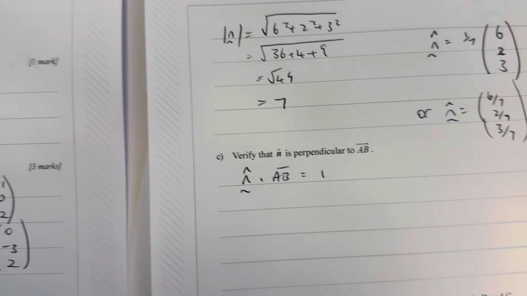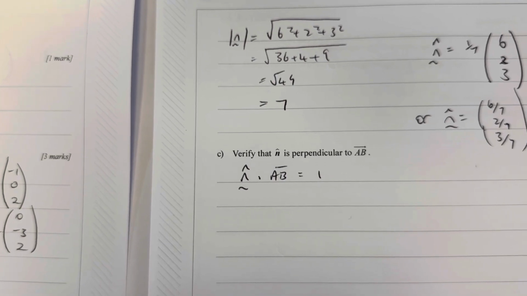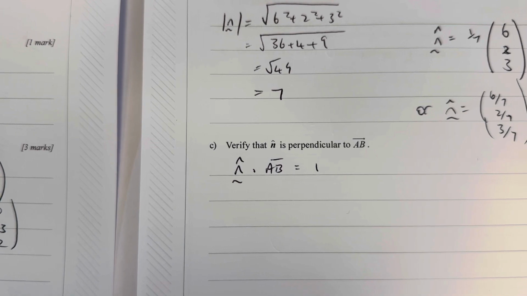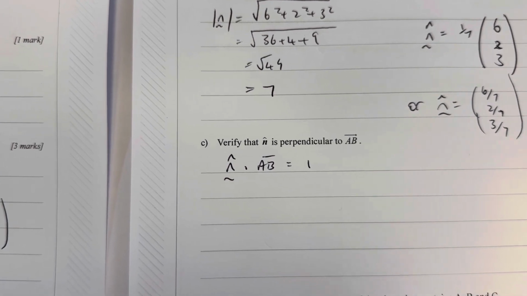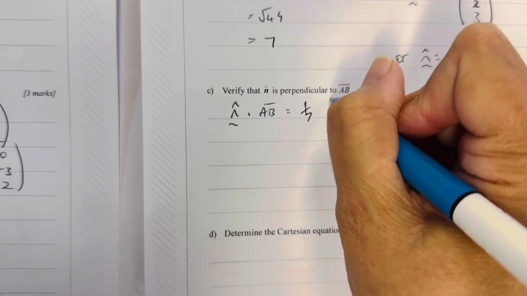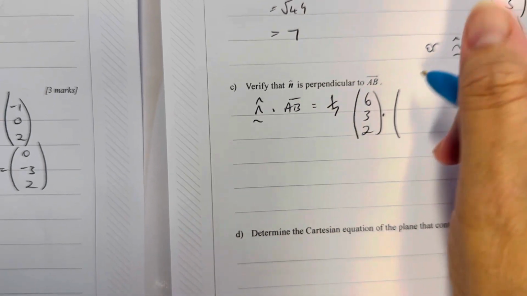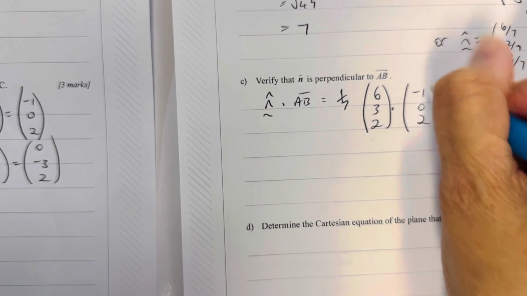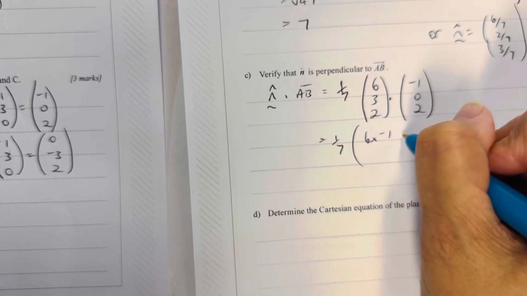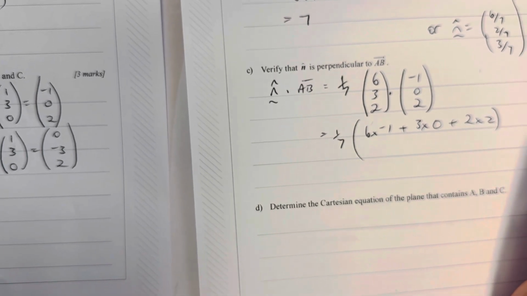We can go either way, depending on which version you want to go with. I'm going to just leave the 7th out the front. 1/7, 632 dot AB was -1, 0, 2. That's 1/7. 6 times -1 plus 3 times 0 plus 2 times 2.